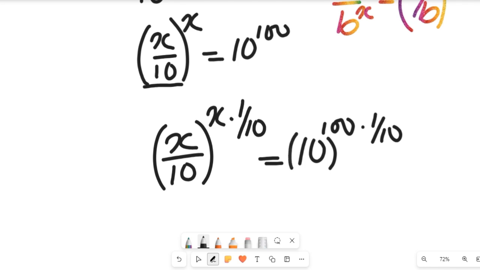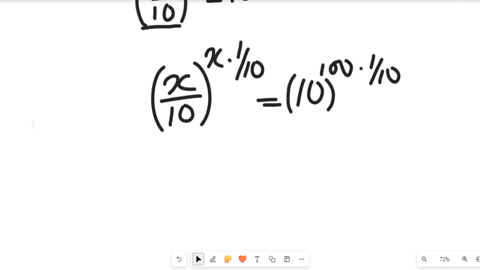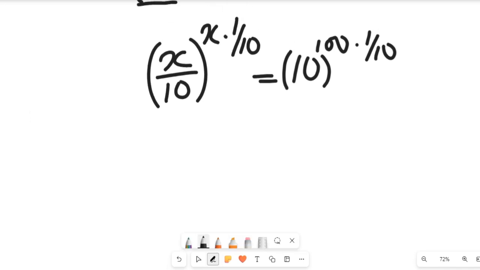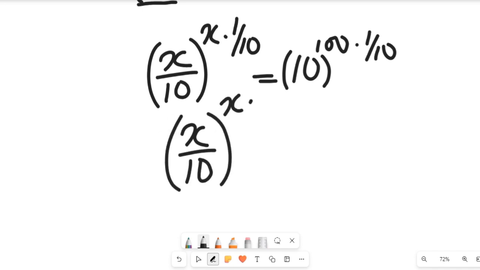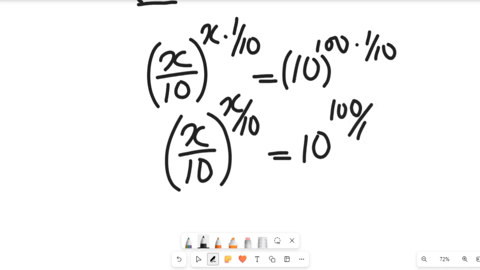So that expression will now be x divided by 10, all to the power of x divided by 10, and this will be equal to 10 to the power of 100 divided by 10.